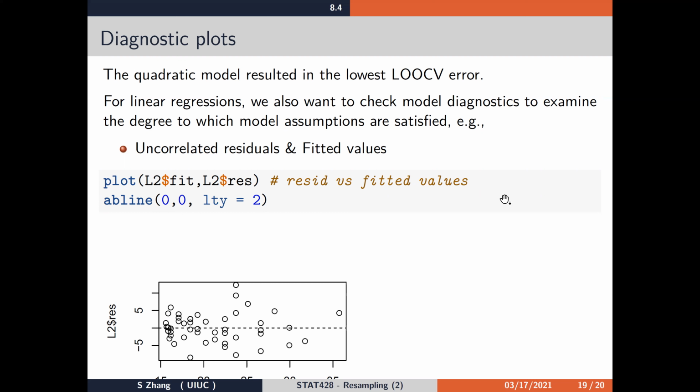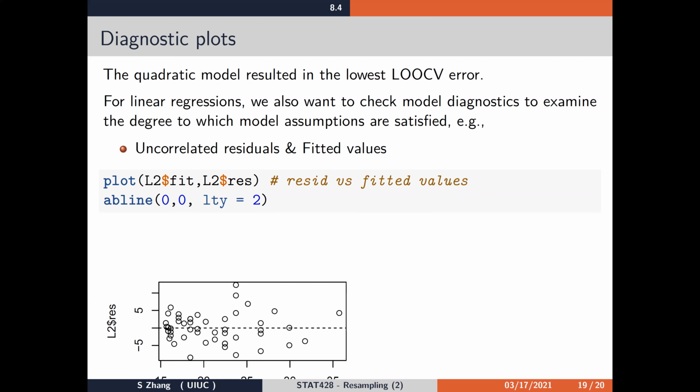What is going to be on the subsequent two slides is not something that's particularly related to this course. However, whenever you do linear regressions, you should check some model assumptions and see the degree to which they are satisfied. So for a linear regression model, you have some common assumptions such as linearity.